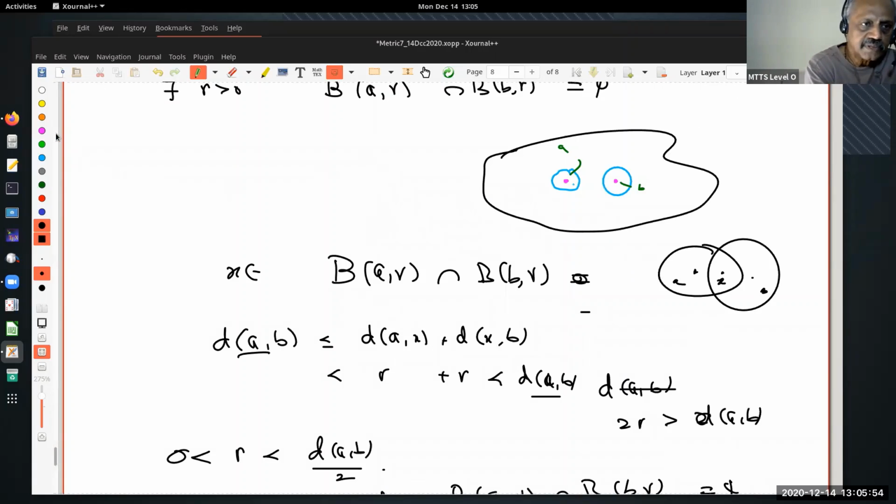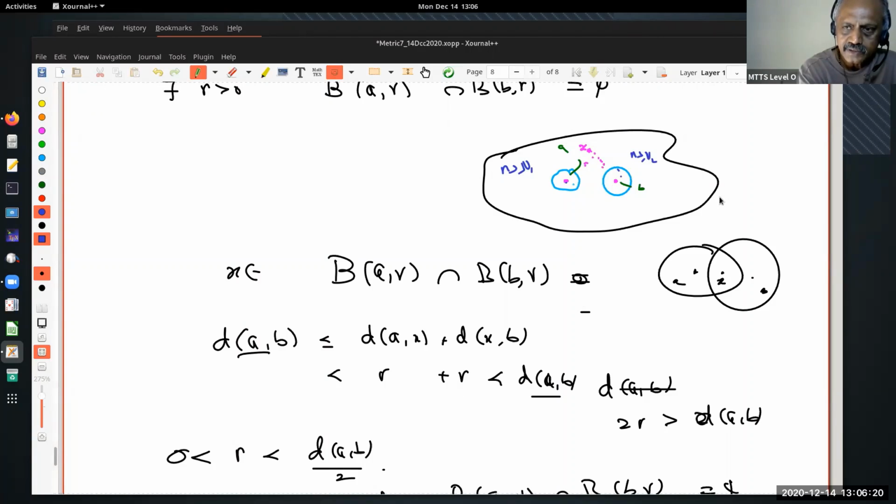Now I have a sequence Xn. Since Xn converges to A as well as B, there is an N1 such that if n is greater than or equal to n1, my Xn should lie here. Similarly, since Xn converges to B, for n greater than or equal to n2, Xn should lie here.